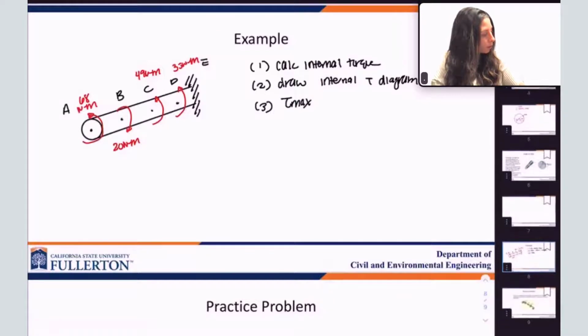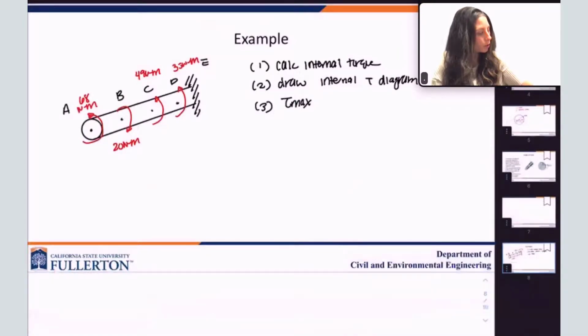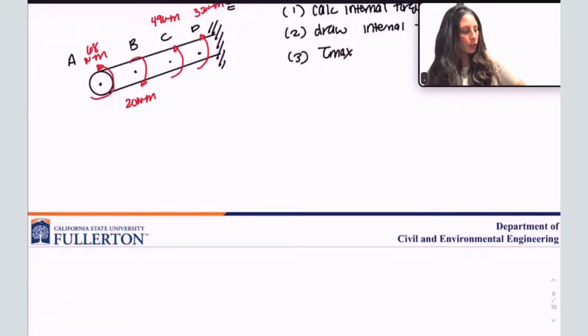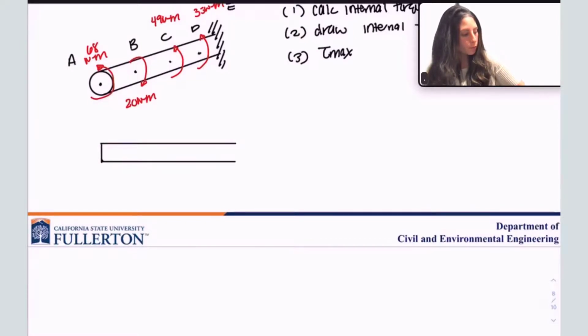I'm going to add a page here. Okay, so let's start here. I'm actually going to take this from this 3D image to a 2D image and make it a little bit easier to draw out. And when we take it from the 3D to the 2D, we can draw the torque as a double arrow, like this.